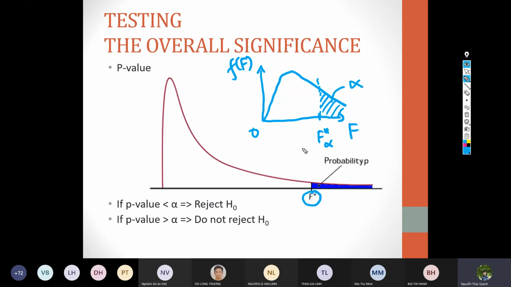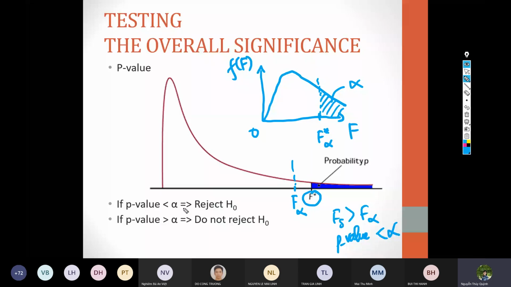So here, if this is our F alpha, for example, then in this case, we have F is greater than F alpha, and also we have p-value is smaller than alpha. Okay, so in this case, if p-value is smaller than alpha, then we will reject the null hypothesis.